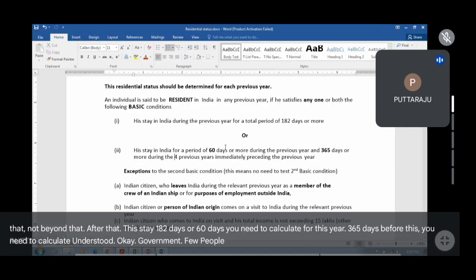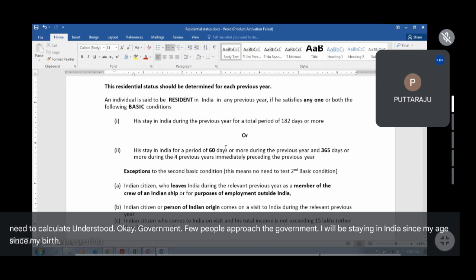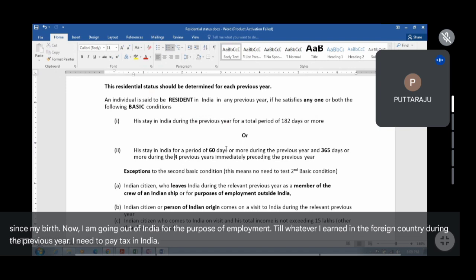Few people approached the government. I have been staying in India since my birth. Now I am going out of India for the purpose of employment. Still, whatever I earned in the foreign country during the previous year, I need to pay tax in India. Please give some relaxation. They approached the finance minister, and the finance minister thought they also have a point.